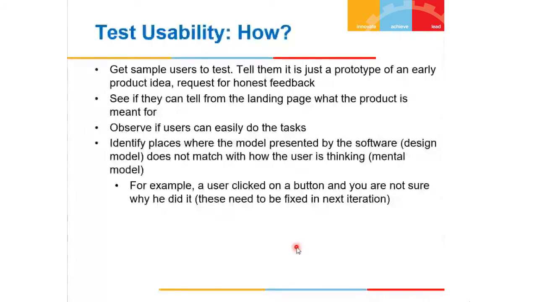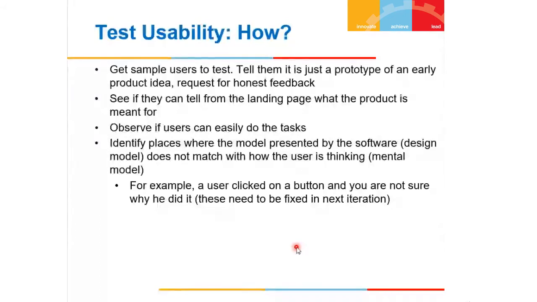Identify places where the model presented by the software does not match with how the user is thinking. This is re-emphasizing the previous point. If the software is designed in a particular way, with a particular UI, which does not match the way the user is conceiving or thinking about the product, he is expecting a particular menu option to do a particular task, but he's seeing something else.